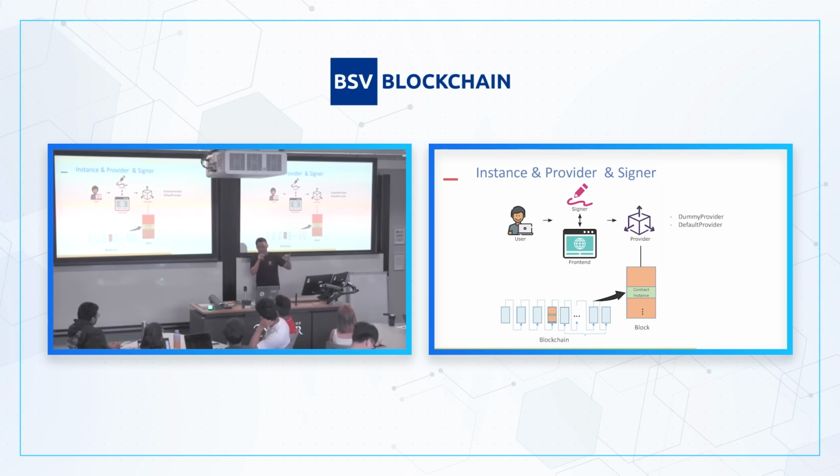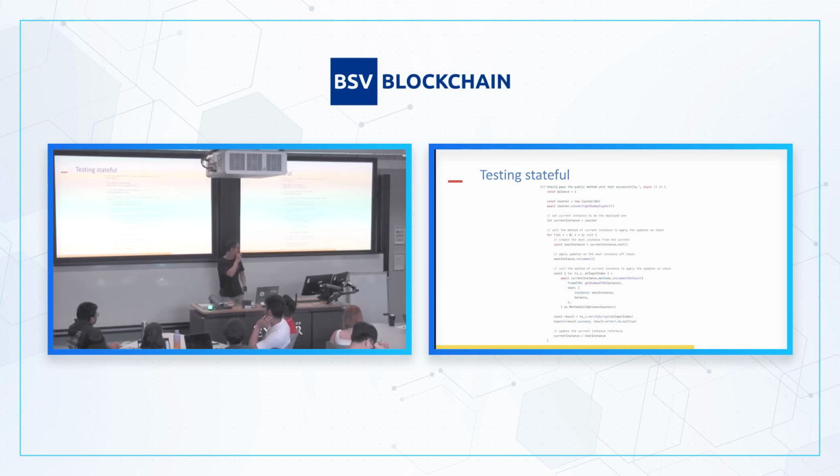If you want to call it, you just say dot methods and the method name, and then give it arguments. So this is almost like a one-to-one mapping from your local code to the blockchain instance out there. So let's see how we test this stateful counter example.